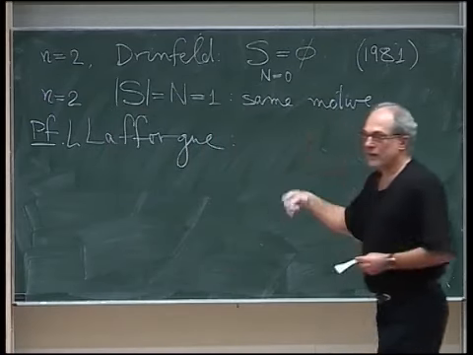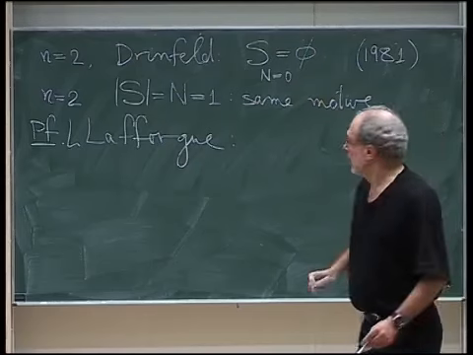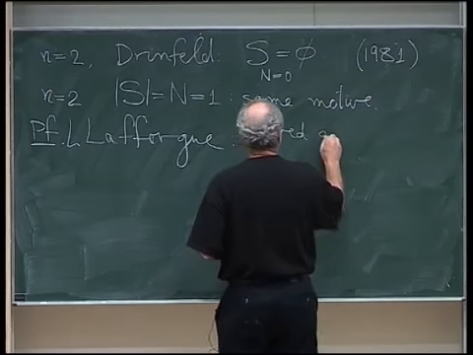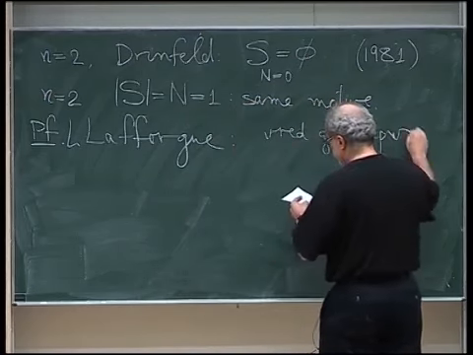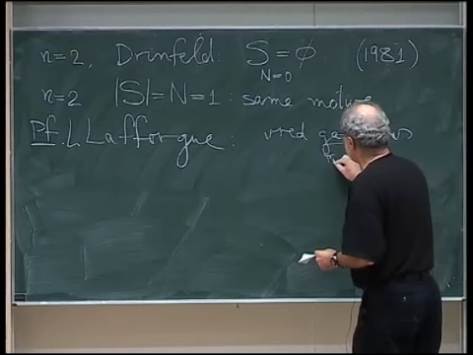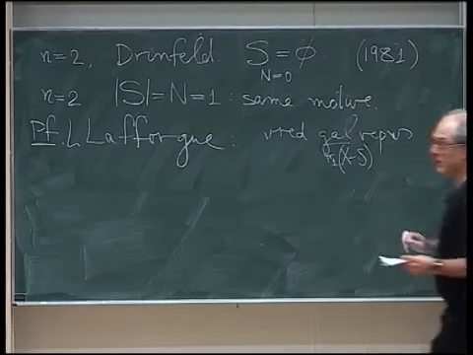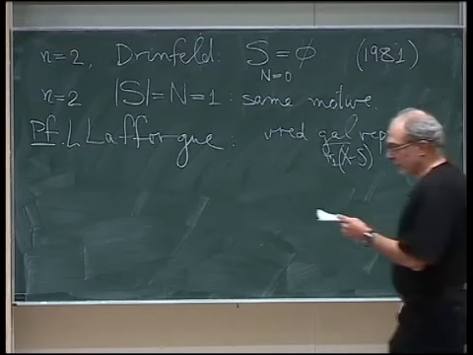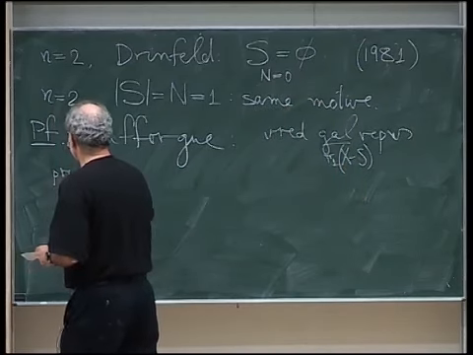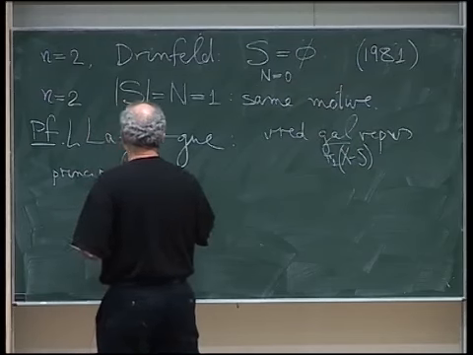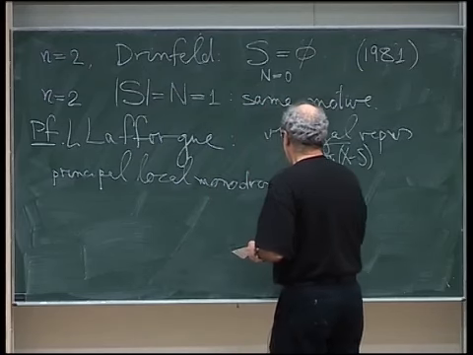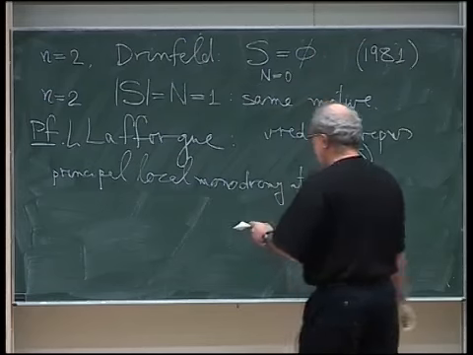And what he said is that we are looking at irreducible Galois representations, but not Galois, really representations of the fundamental group, and then we need to have principal local monodromy at the places in the finite set.